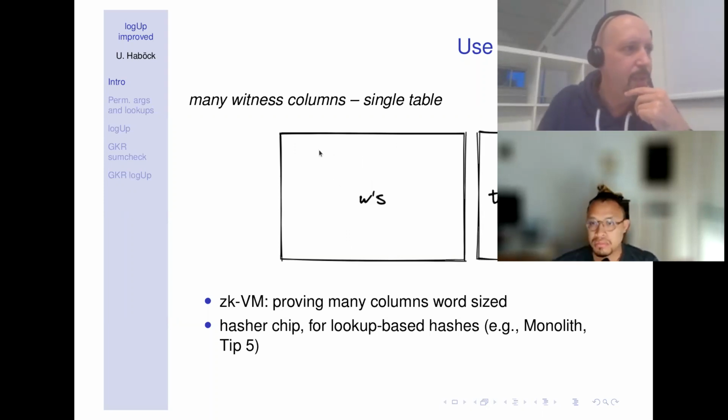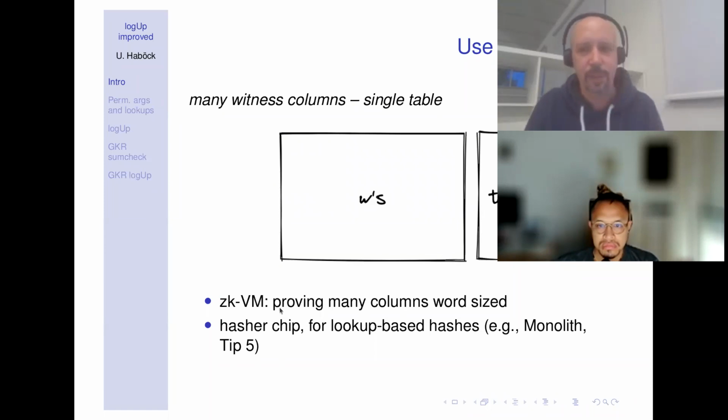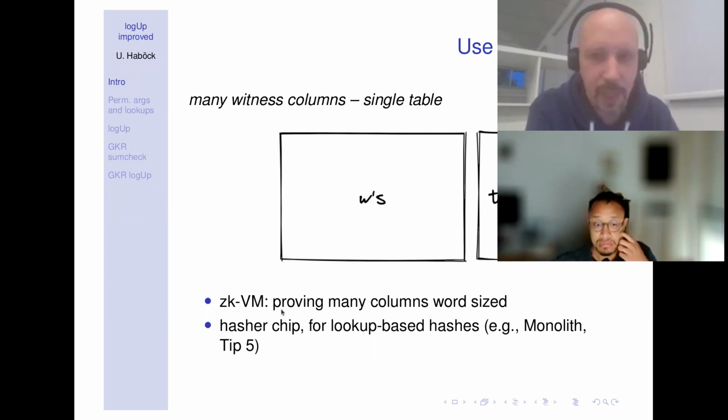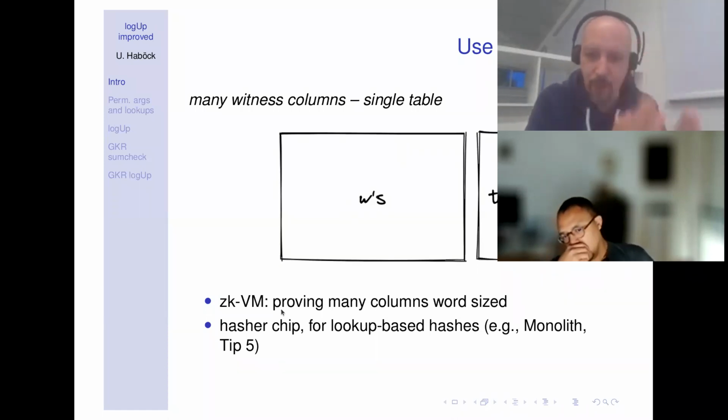That's fine. So we have a lot of columns, and these columns are all subject to one and the same table. What are specific examples of that? For example, in the context of the zkVM, in particular the one from Polygon Zero, we have a lot of columns that are subject to the machine word size range proof.